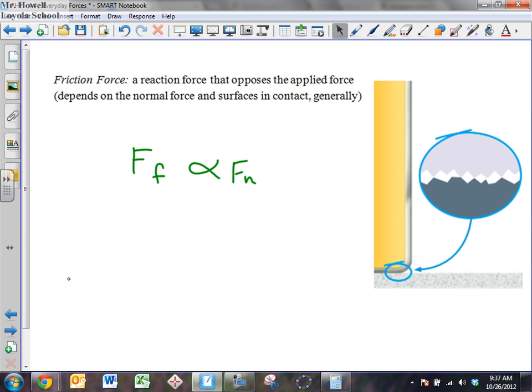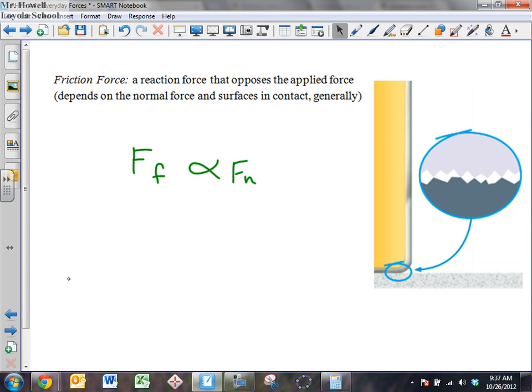So what we call this in physics is the difference between static and kinetic friction. What does the term static mean to you? Static. Where have you heard it before? Paul. Still, very good. Or not moving. So the force of friction that you need to overcome to start this desk, to get it moving, is called the static friction.